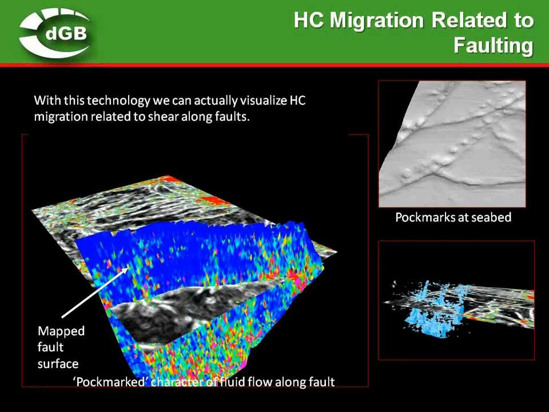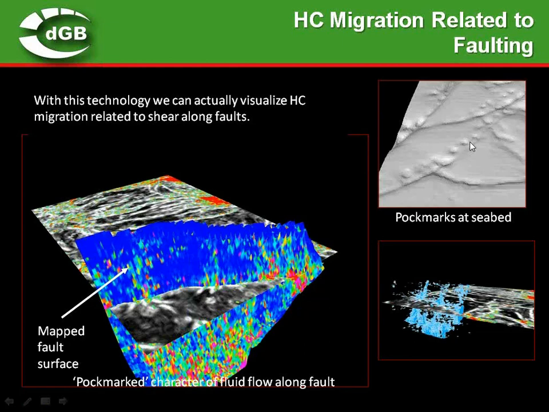We can actually see which parts of a fault surface are migrating hydrocarbons and which parts of a fault are not. And we will often see that these occur at fault intersections and at bends in the fault. We can visualize these in some instances in 3 dimensions and see the link between those and pockmarks at the seabed.